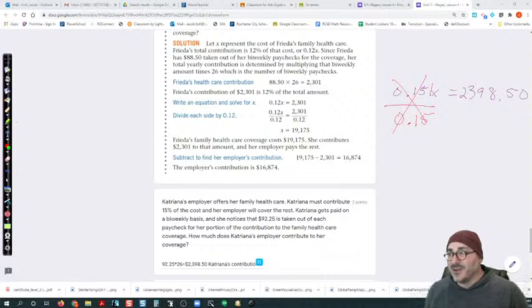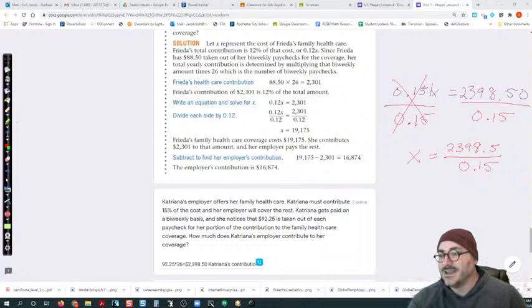But if I do it on this side of the equation, I have to do it on the other side. So now I know that 1x is equal to 2,398.50 divided by 0.15.